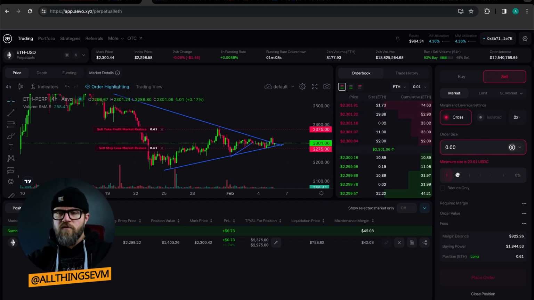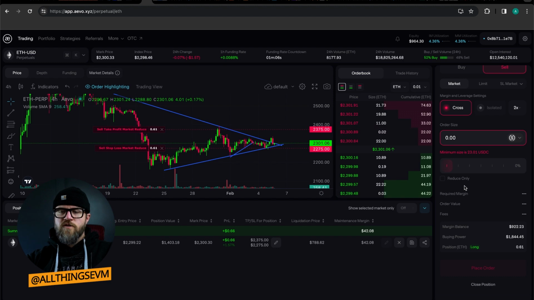And now there's a minimum of $23 on this specific trade here, and then you hit place order, and then you do the opposite. Your take profit would be lower, and your stop loss would be just above your entry price to be safe. With that, guys, I think that's all I've got for this specific tutorial.